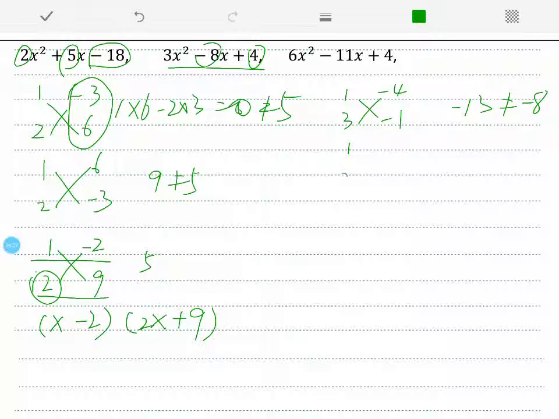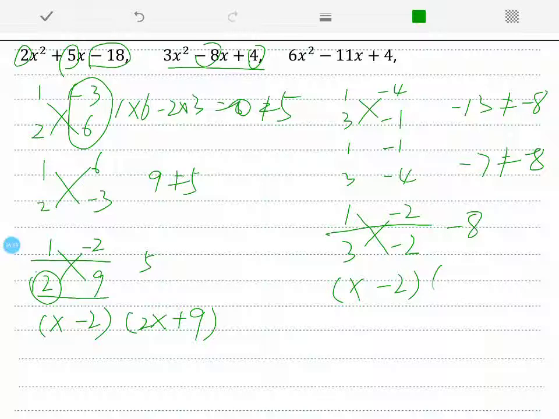If we flip that, be negative 1, negative 4, that equals negative 7, doesn't equal negative 8. So 1 and 4 must not be chosen. So 1, 3 again, there must be negative 2 and negative 2. Double check. So 3 times negative 2 plus 1 times negative 2, exactly negative 8. Now we choose the same row. So be x minus 2, 3x minus 2. Okay.